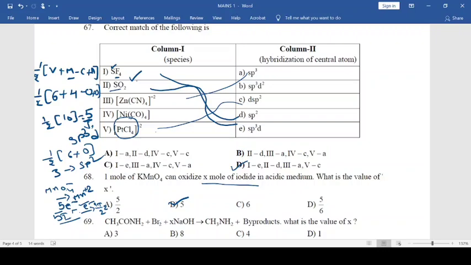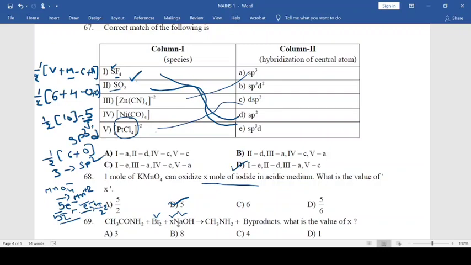Next one. CH3CONH2 plus Br2 plus X NaOH gives CH3NH2 plus byproducts. What is the value of X? This is the Hoffmann bromamide reaction, right? Just by looking at these reactants, we can easily recognize it. As they are asking for the coefficient X, that means we need to know the balanced equation.